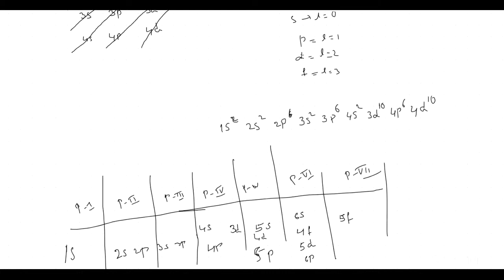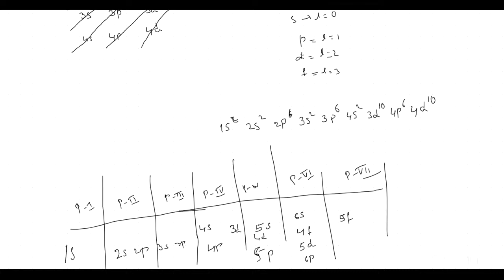This one diagram we will see. The elements in the first period is 1s. Next this is 2s, 2p.